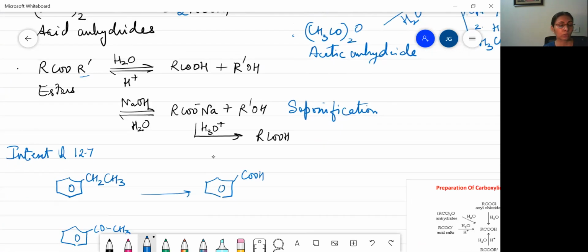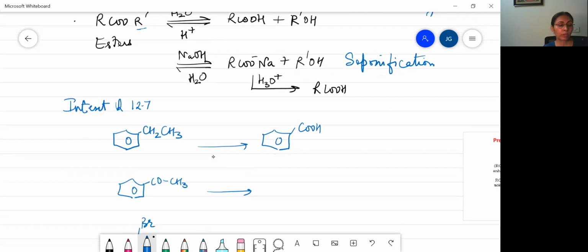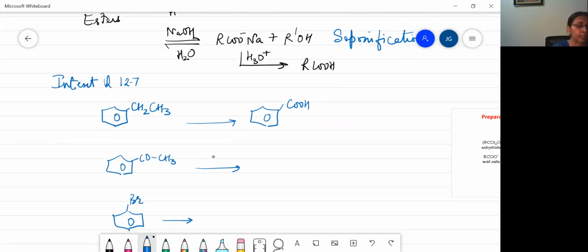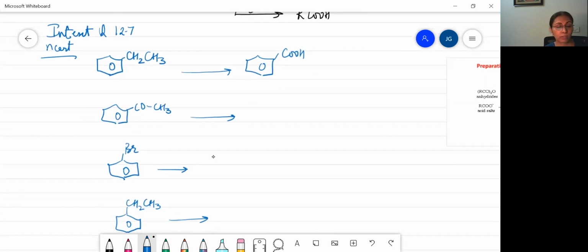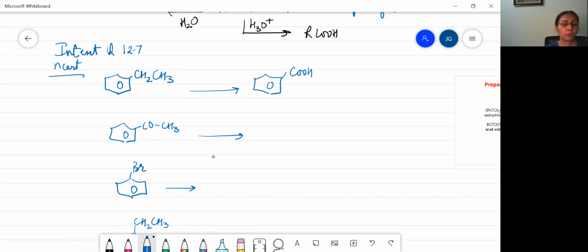Okay. So now I take up the in-text question of NCERT, that is question number 12.7. How will you convert all these compounds into carboxylic acid? Okay. So again, first one, you have an alkyl side chain, KMnO4.